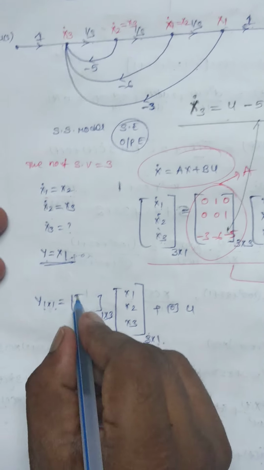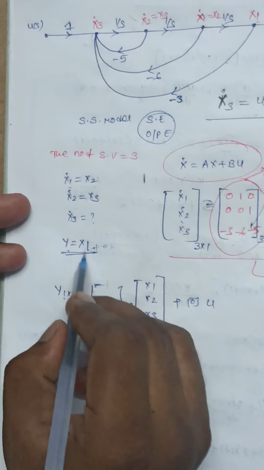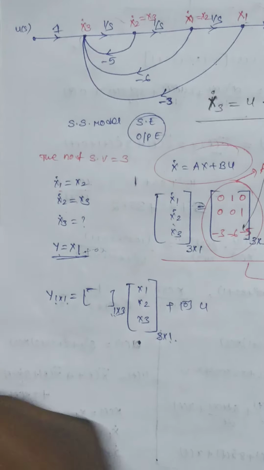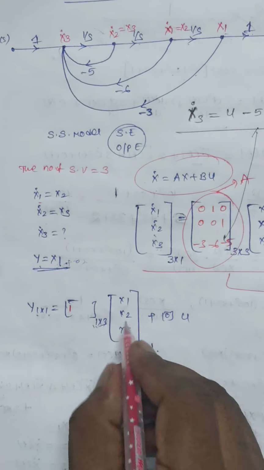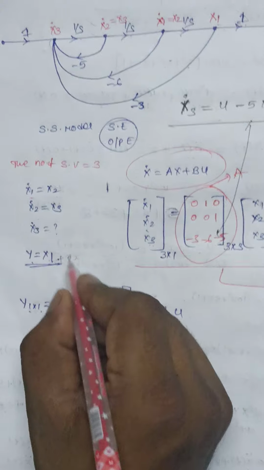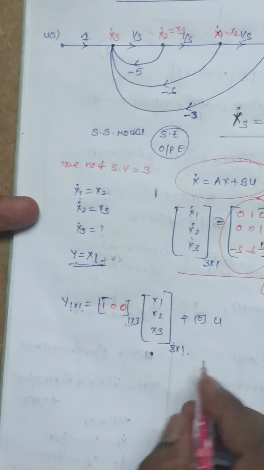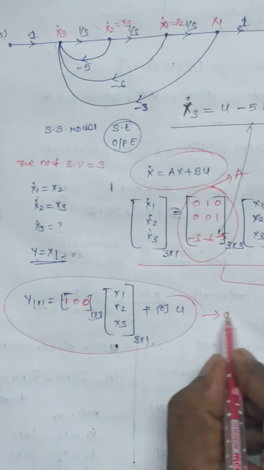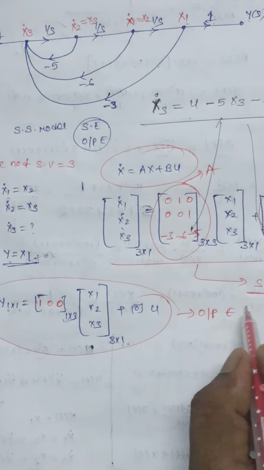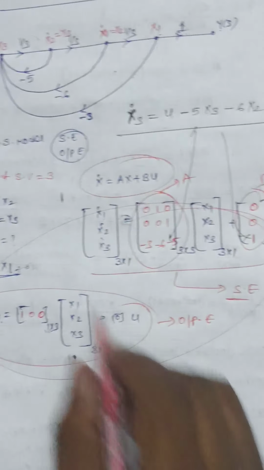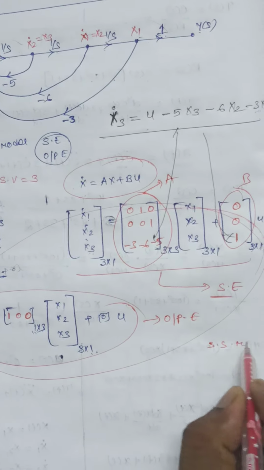The x1 coefficient here is 1, the x2 coefficient is 0, and there is no x3 term, so it is 0. So this is the output equation. These two equations combined are called the state space model.